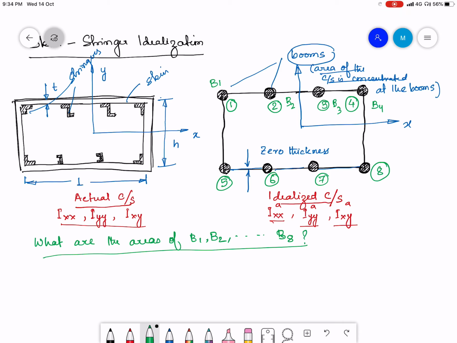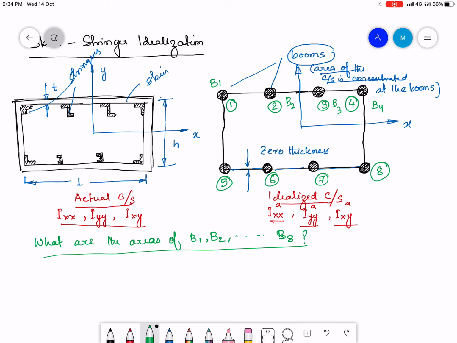So my job to obtain an idealized cross section from the actual cross section is only to find the location of the booms and the areas of the booms. As far as the location goes, the booms are usually placed at the location of the stringers. So the only question that needs to be answered is what is the area of the booms.